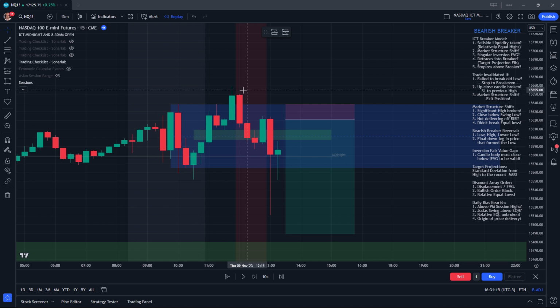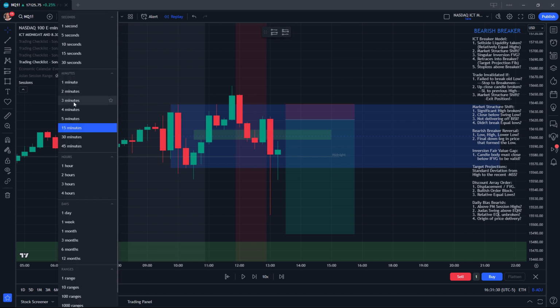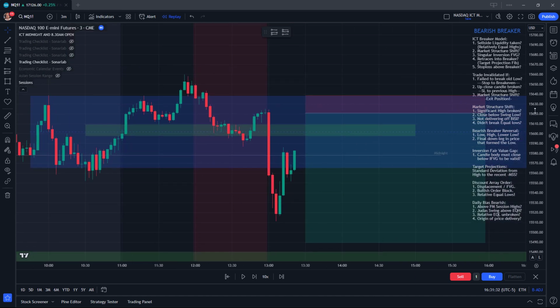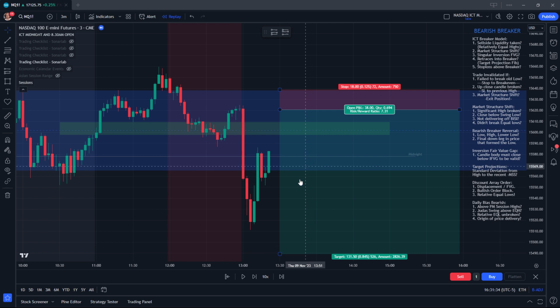Low, high, lower low, final down leg in price. Well, yeah, we have to do that. We have to assume that that's the midpoint, isn't it? I mean, well, let's just play it out.